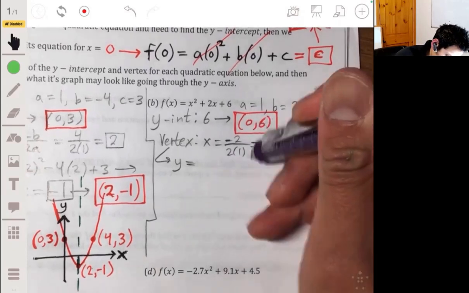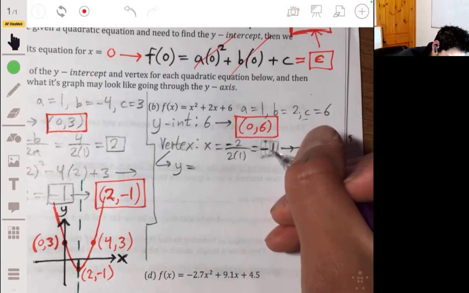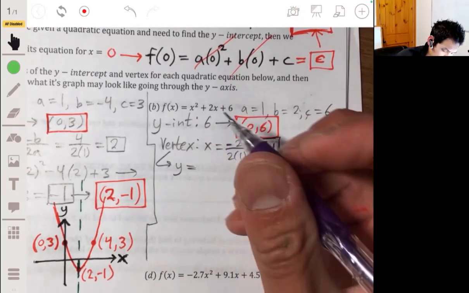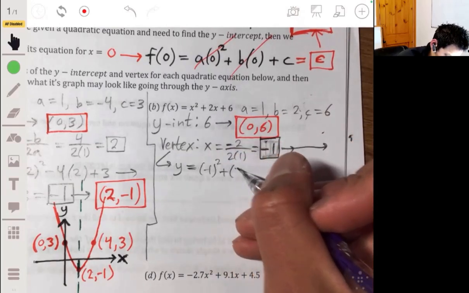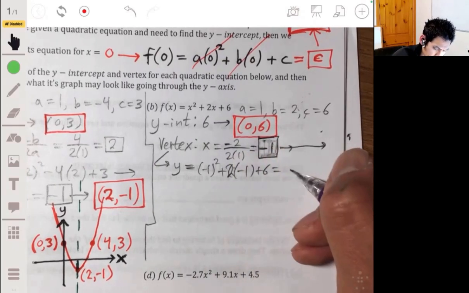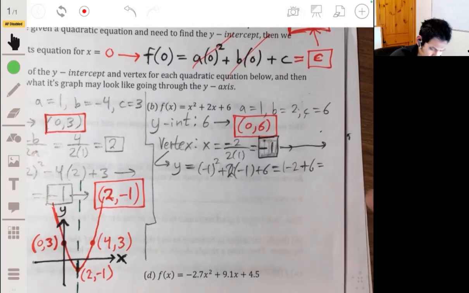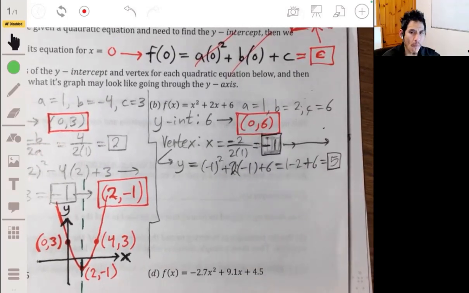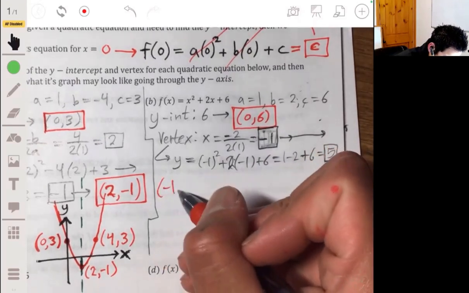Plug negative 1 into here. Negative 1 squared plus 2 times negative 1 plus 6. 1 minus 2 plus 6 will be 5. And so we then got our vertex at (-1, 5).